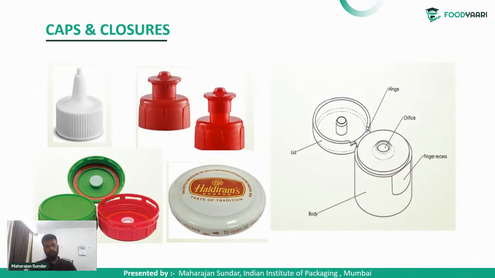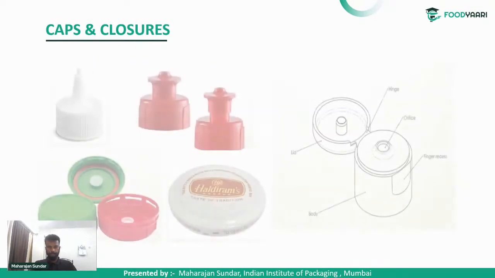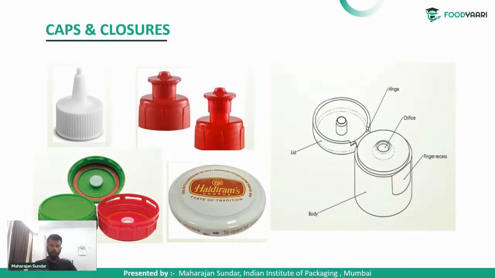Whenever we go to a fast food place, there will be a ketchup or sauce dispensing can, and over it there will be a fixed spout closure. Then the movable spout closure, which we might have seen in oil dispensing. Or else, you might have seen Vim gel bottles, used as a dishwasher, which have a movable spout.